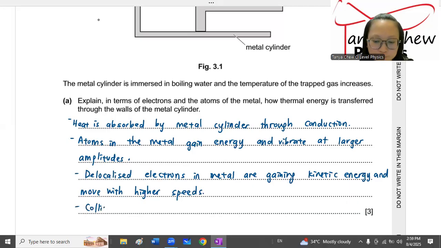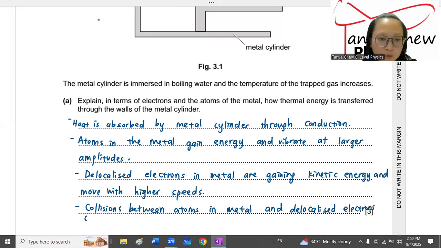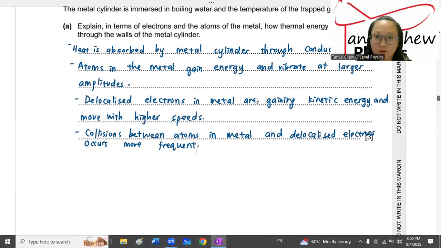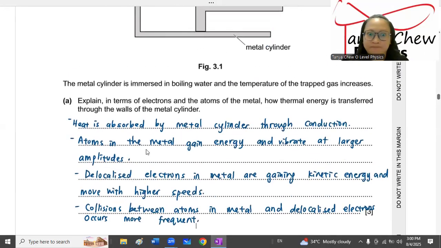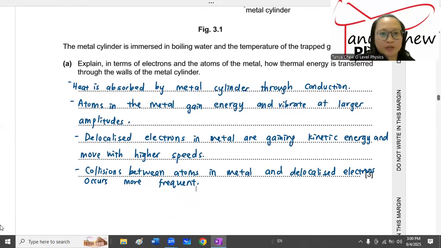Collision between atoms in metal and delocalized electrons occur more frequently. So those are happening inside the metal cylinder. I hope you could understand that explanation. If you do not understand, please do comment below.